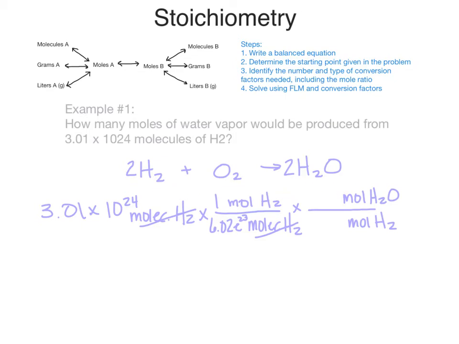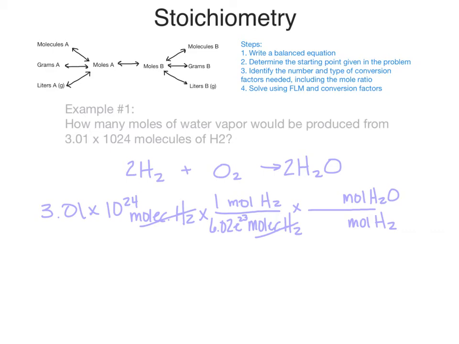Because remember what I said in the beginning of the video, that my mole ratios are actually based upon the coefficients of my reaction. So in my reaction, I have 2 moles of hydrogen gas, and I have 1 mole of oxygen gas, and that produces 2 moles of water vapor.